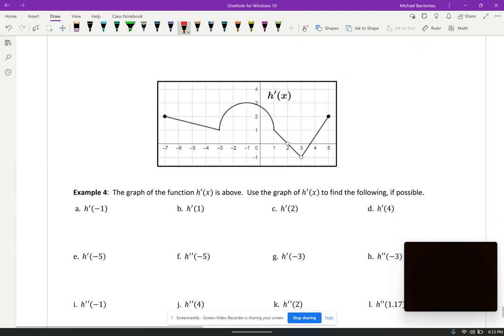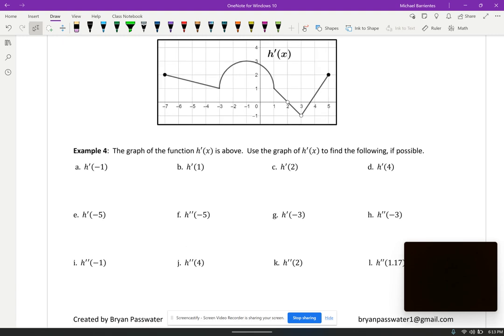All right. Now we come to this part. I got to be careful. I am also introducing a new symbol, which we haven't seen before. That would be this one. If h prime is the derivative of h, then h double prime is the second derivative of h.